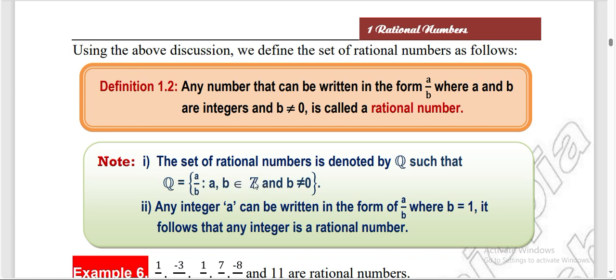A and b may be positive or negative integers, except b cannot be 0. If a is equal to 0, no matter.